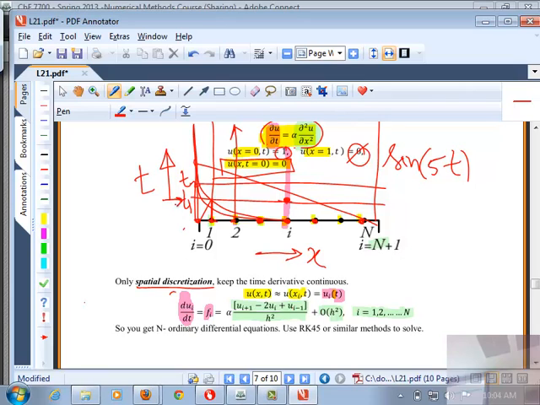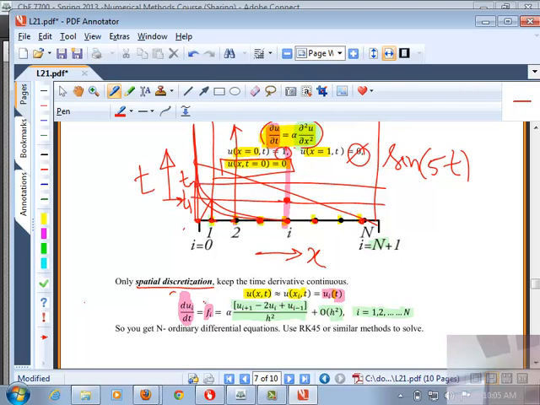What would change if I had a different term, plus 5 times the partial derivative du dx? The idea is the same, right? Now you're going to have an additional term here that will be a central difference approximation for the first derivative.